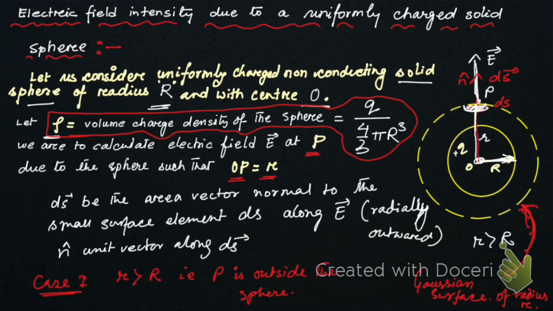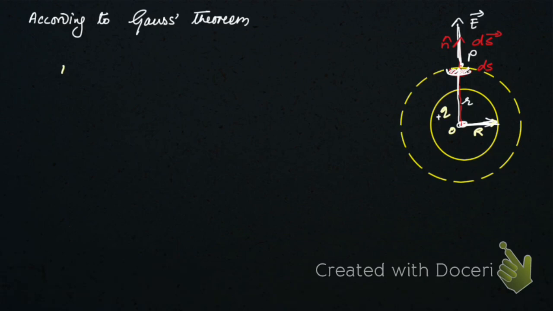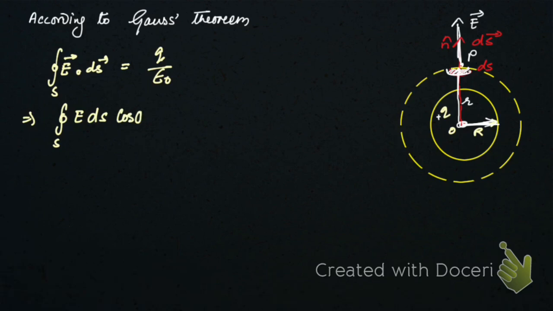Now let me take another slide. According to Gauss theorem, we get the electric flux, which is given by the surface integral of E dot ds, equal to q by epsilon naught. Here the dot product of the E vector and ds vector is E ds cos theta.